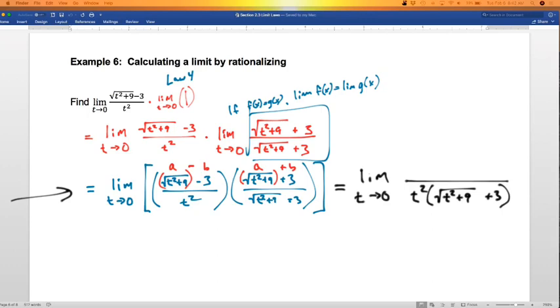In this case, A squared is just t squared plus 9. It would cancel out that radical. And you got minus B squared, and B is 3, so B squared is 9. If you want to distribute that out rigorously yourself, you can.